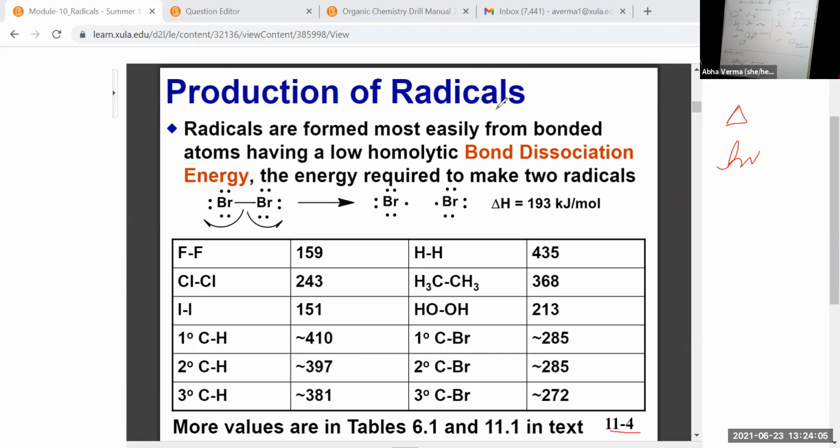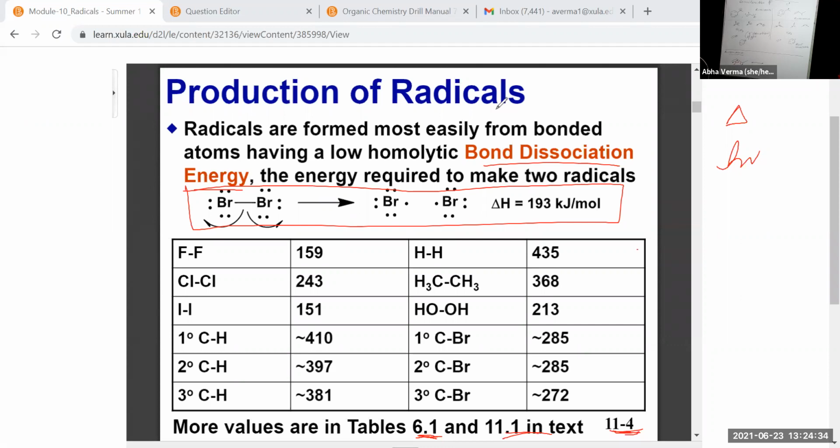Now on this slide, I'm showing you a table that we have already looked at in module 6 and 7. So we are going to use the same bond dissociation energy table. The only point that is different here is that we are going to look at when the bond splits. You don't have to memorize this table.